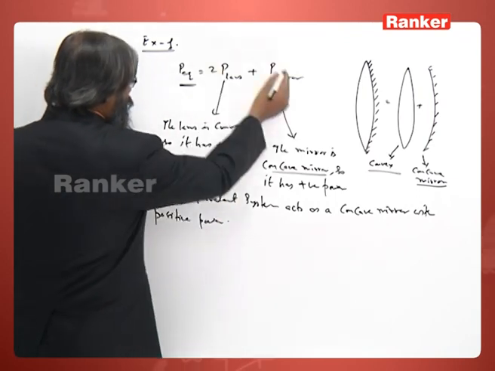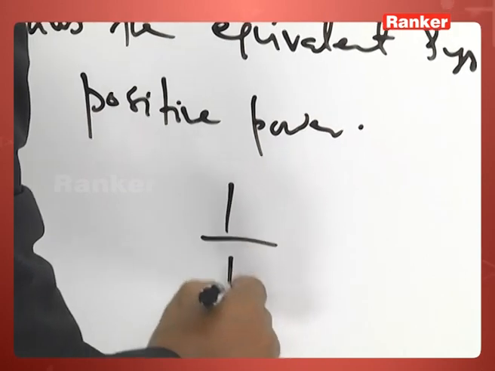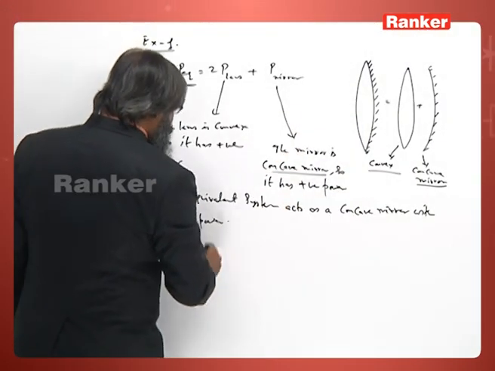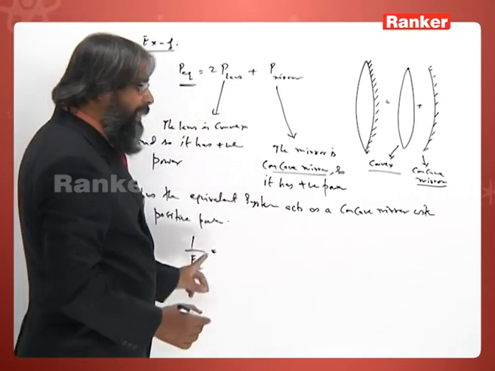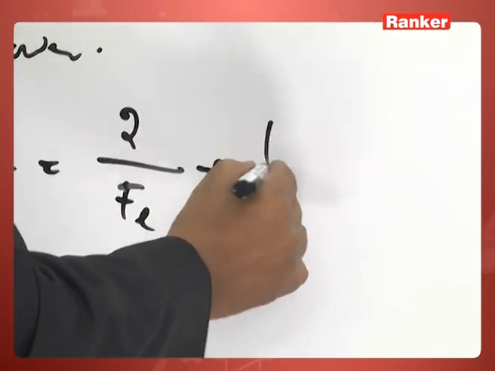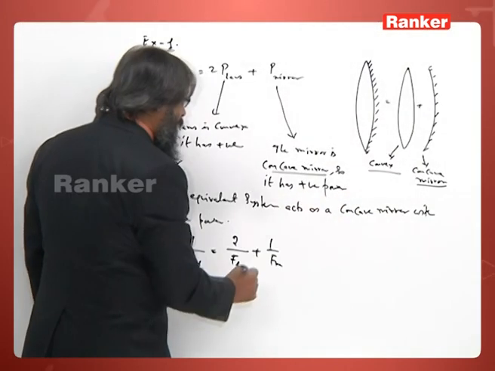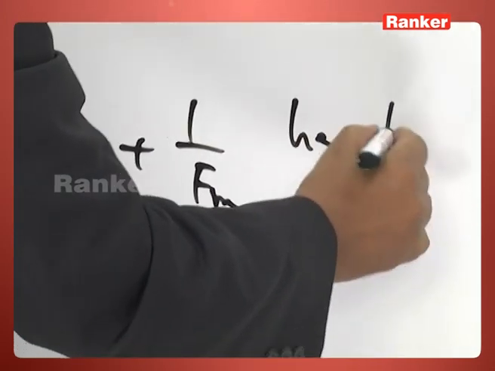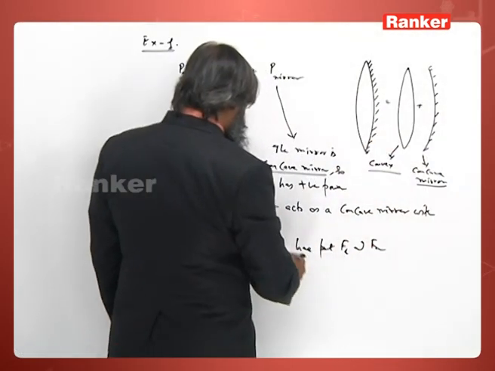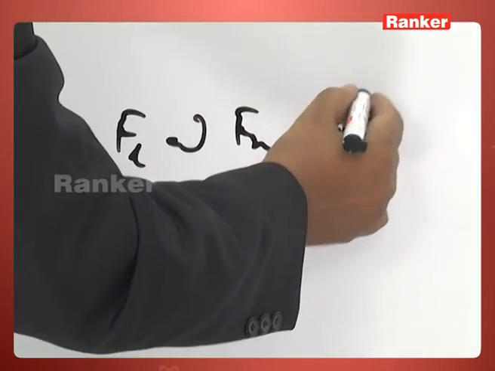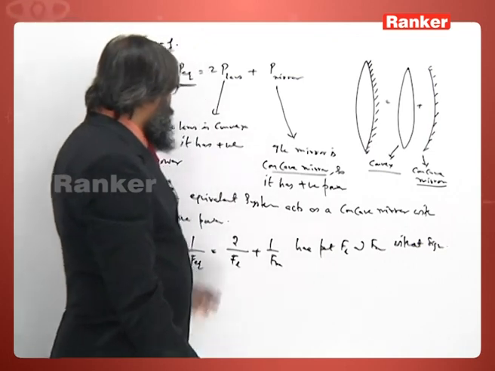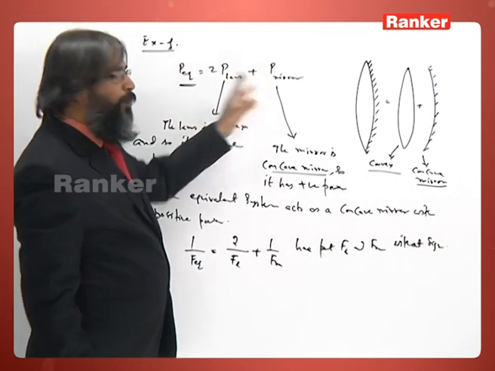So you can now calculate, if you want to calculate the focal length of the associated mirror, then its magnitude, remember its magnitude will be given by 2 by focal length of lens plus 1 by focal length of mirror. Here put FL and FM without sign, because we know that they are positive.